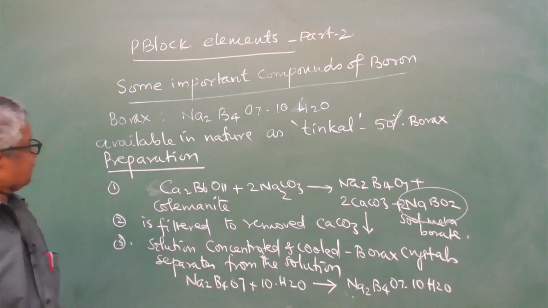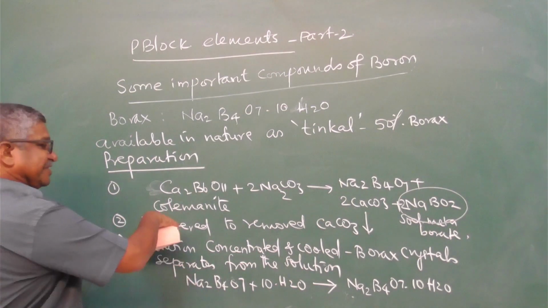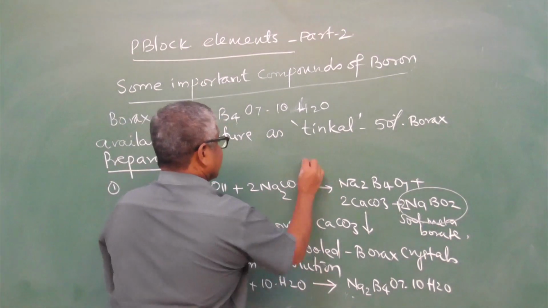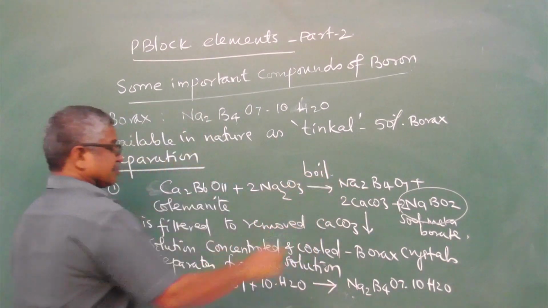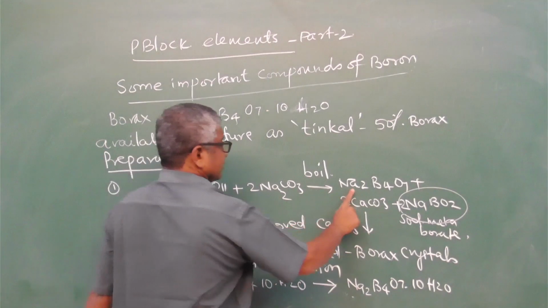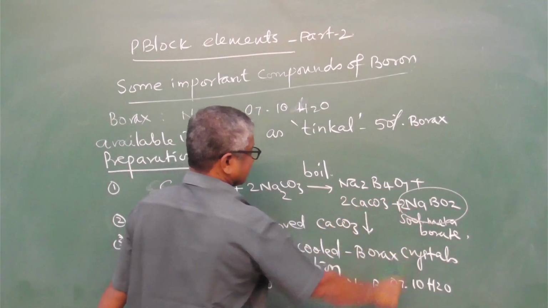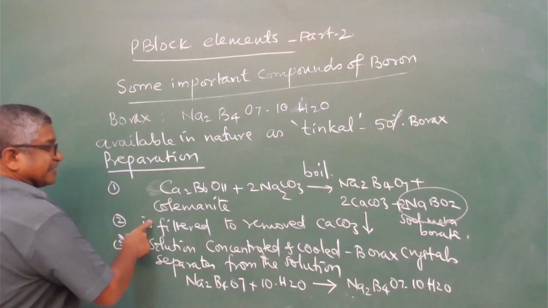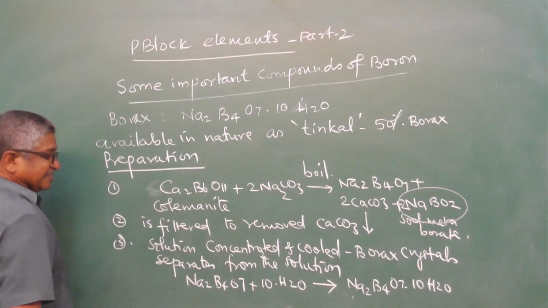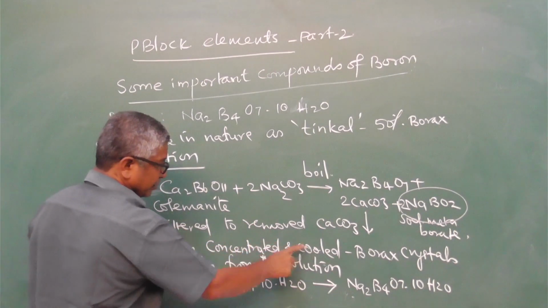Note this, preparation of borax: taking colemanite, boiling with sodium carbonate produces sodium tetraborate, calcium carbonate and sodium metaborate. The calcium carbonate is removed by filtration. The remaining solution is concentrated, cooled.